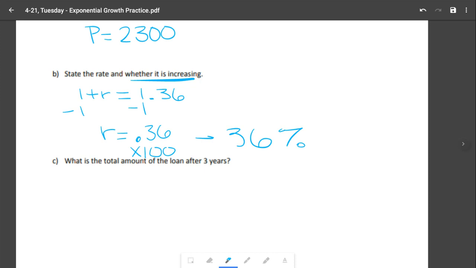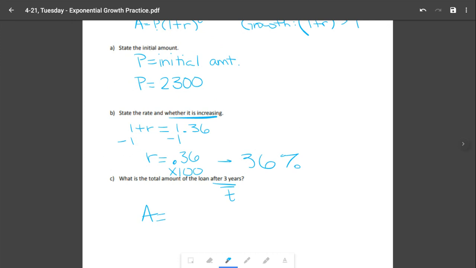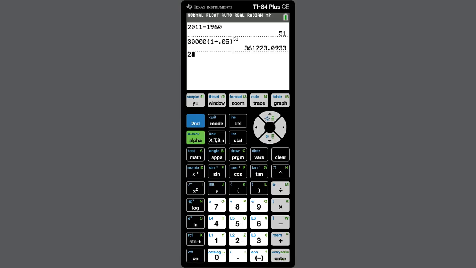C, what is the total amount of the loan after 3 years? This is your T. So you can take the formula that was already given to you, plug in the 3, and now we're going to type this into our calculator. So 2,300 times 1.36 to the 3rd power.